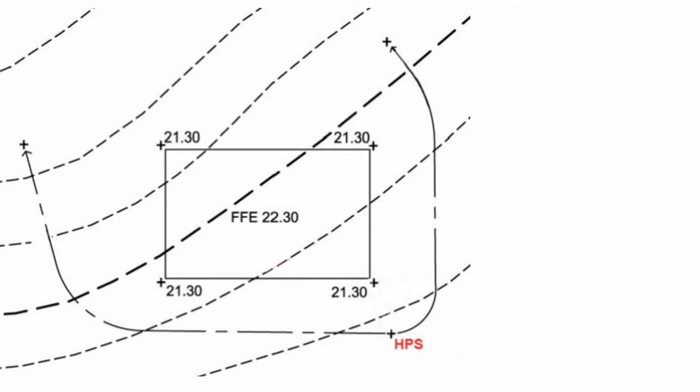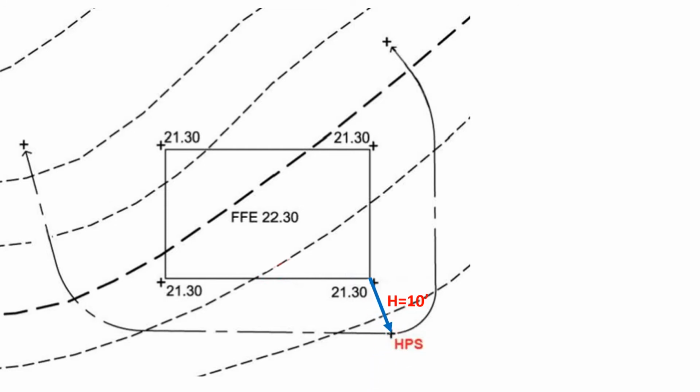Now let's zoom in to the southeast corner that's the closest to the HPS. What we know here is the corner elevation is 21.30. We have already set a trial center line and the location of HPS, so we'll be able to measure the distance between the corner and the HPS, right?